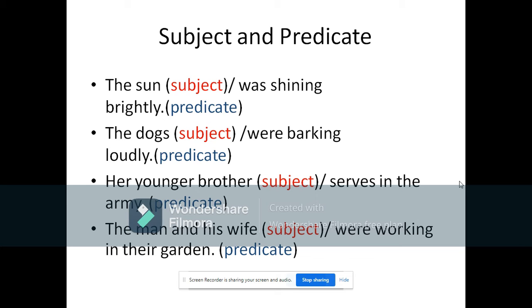Her younger brother serves in the army. Her younger brother, subject, serves in the army, predicate. The man and his wife were working in their garden. The man and his wife, subject, were working in their garden, predicate. So, a simple sentence will have a subject and predicate.